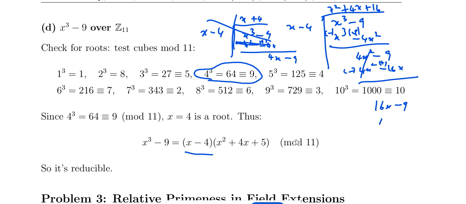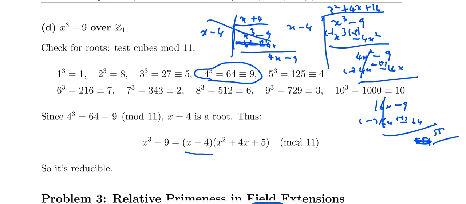So here for 16x, you can also change modulo here, that is minus 16 times 4, so 64, and minus 64. So when you change the sign, this becomes 0. 64 minus 9 is 55.